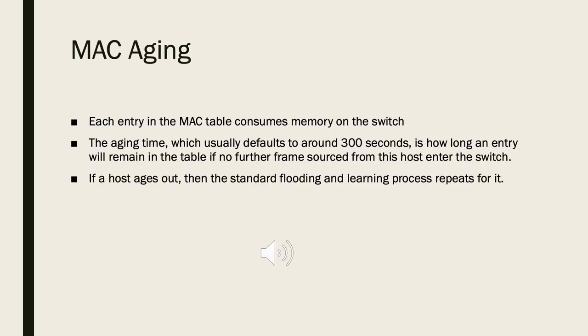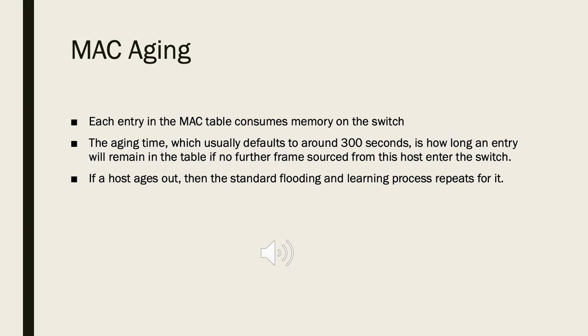Each entry in the MAC table consumes memory on the switch. Thus, each switch has a maximum number of entries it can store in its table. This maximum varies from switch to switch. To combat the table from filling up, switches have the concept of MAC address aging.